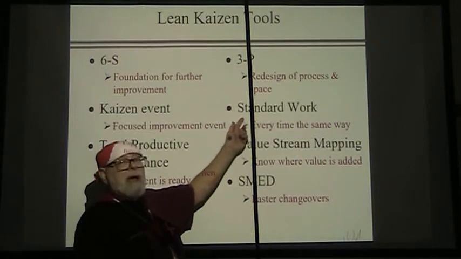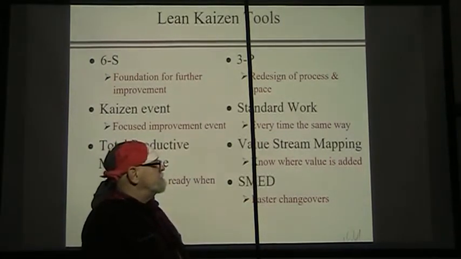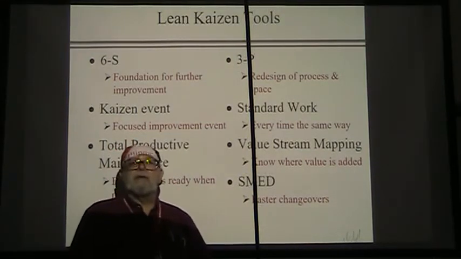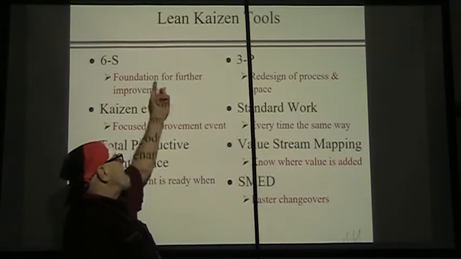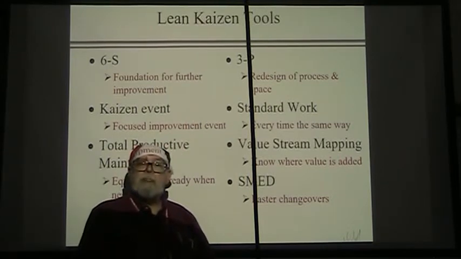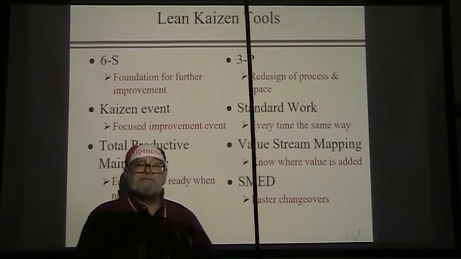Standard work, again, same way every time. Value stream mapping, often this is something that we do early in the process, right? We may start on 6S at the same time that we have people doing value stream mapping.